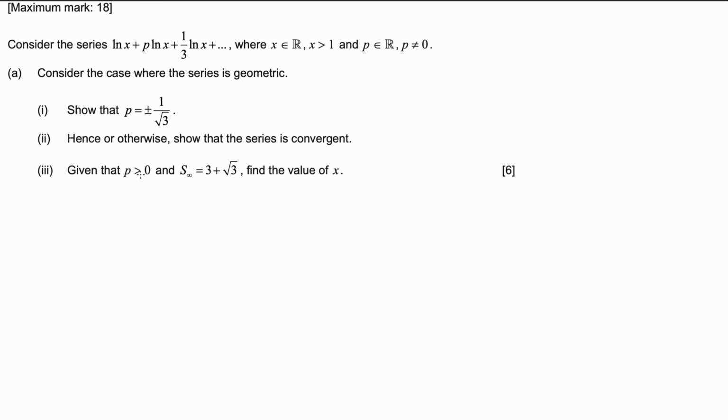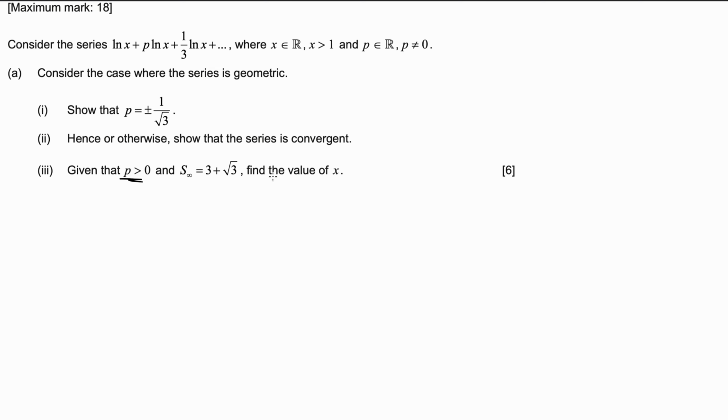So given that p is greater than 0 and S infinite is equal to 3 plus radical 3, find the value of x. Okay, so we'll consider that the common ratio is positive, so it's positive 1/radical 3, and the infinite series is 3 plus radical 3, and we're asked to find the value of x.